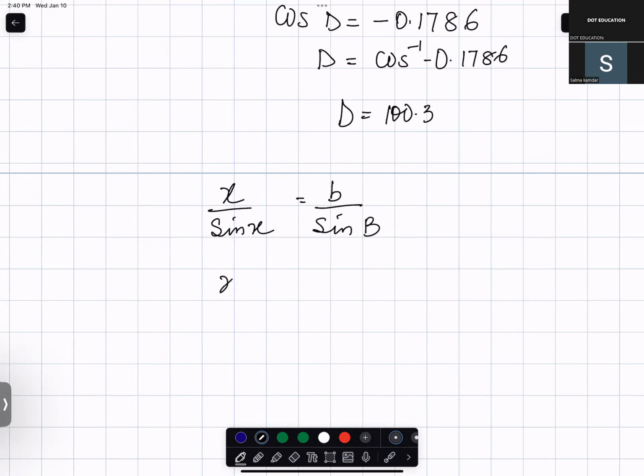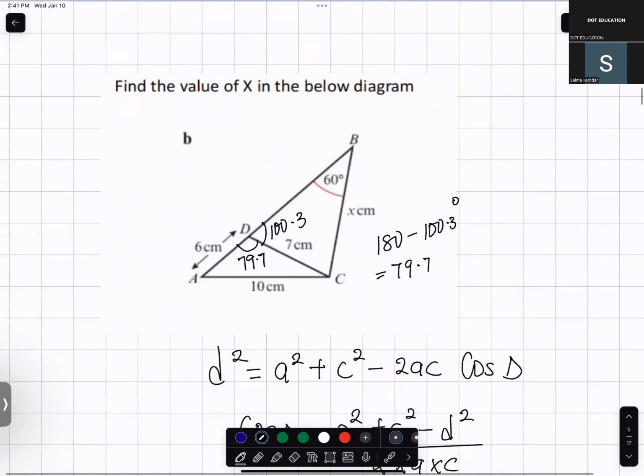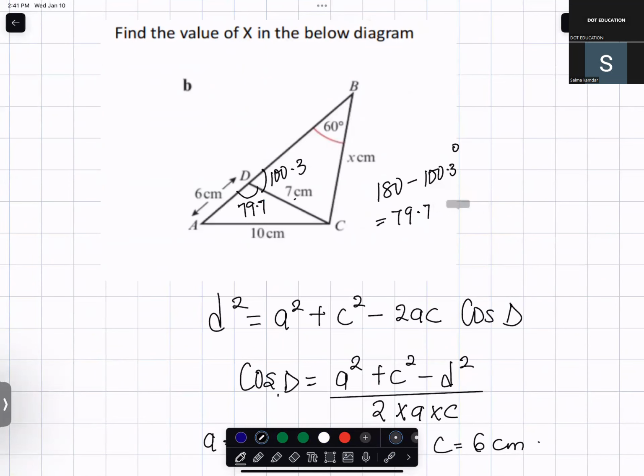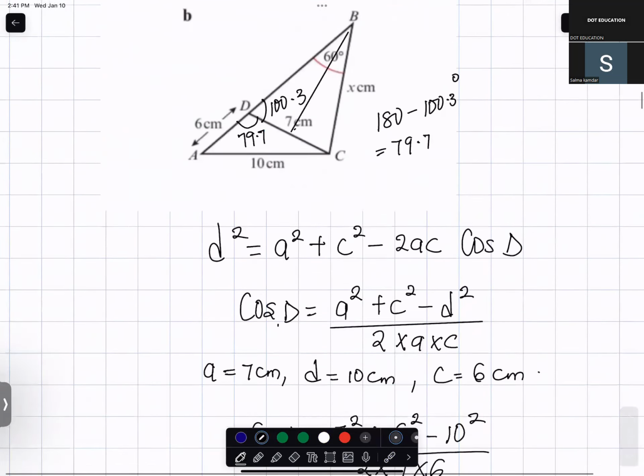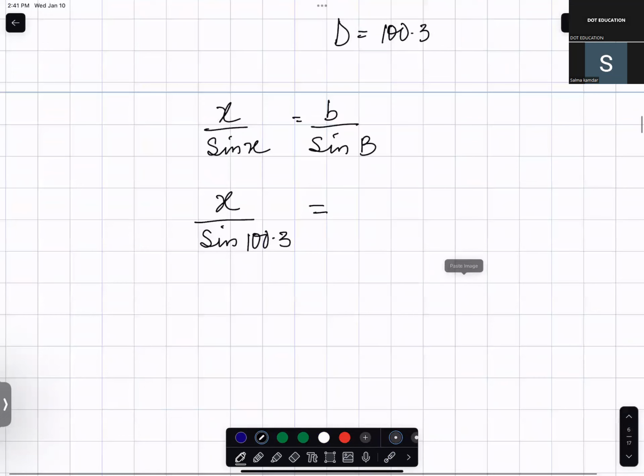So x over sine 100.3 equals b, which is 7 cm, over sine 60 degrees.